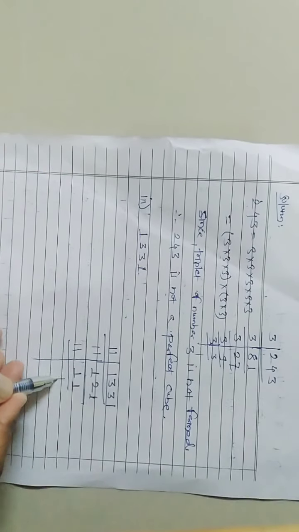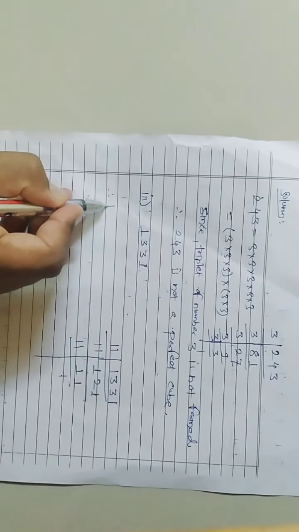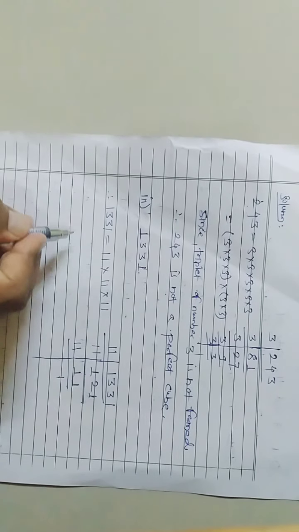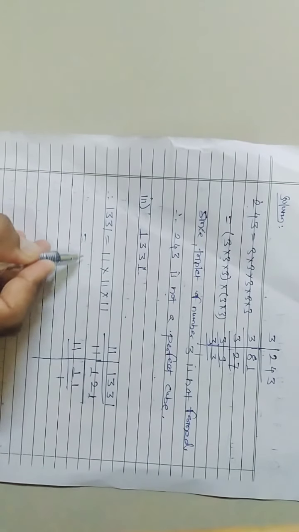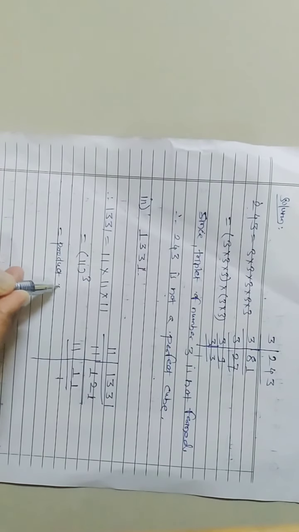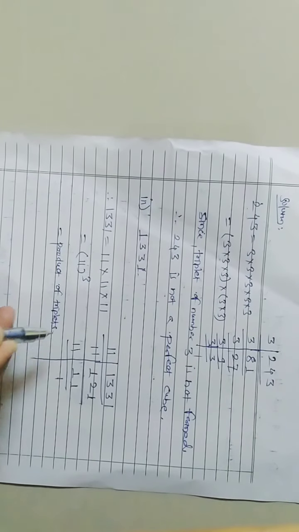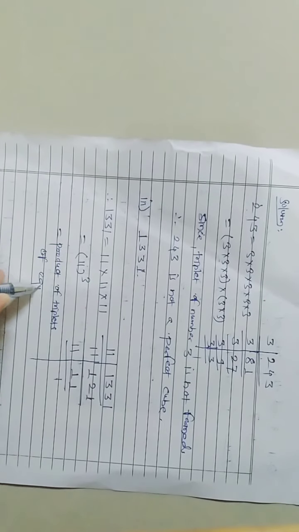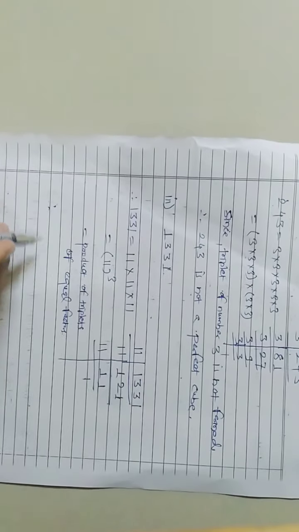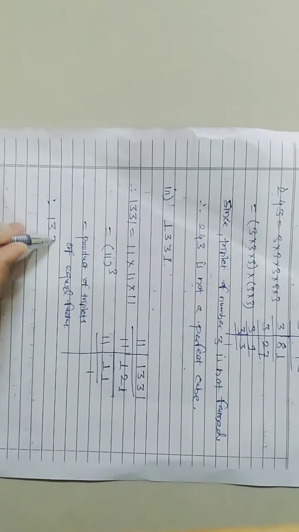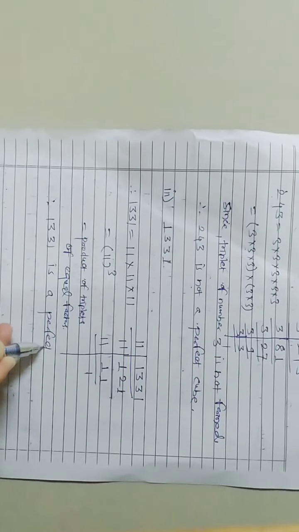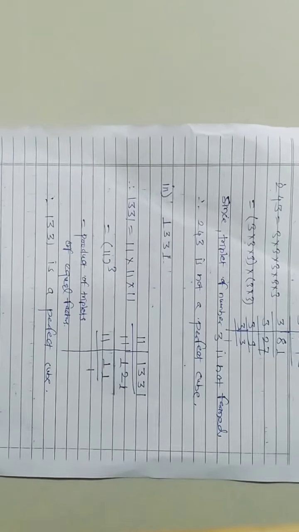So therefore 1331 is equal to 11 multiplied by 11 multiplied by 11, which is equal to 11 cube, which is equal to the product of triplets of equal factors. Therefore 1331 is a perfect cube.